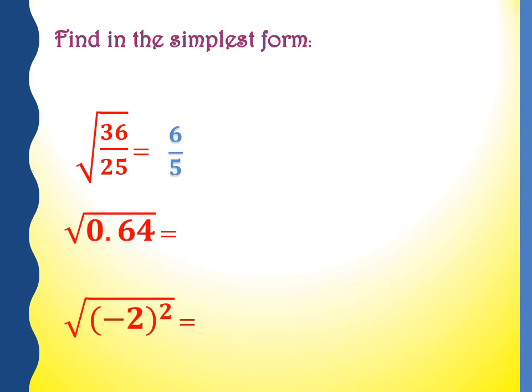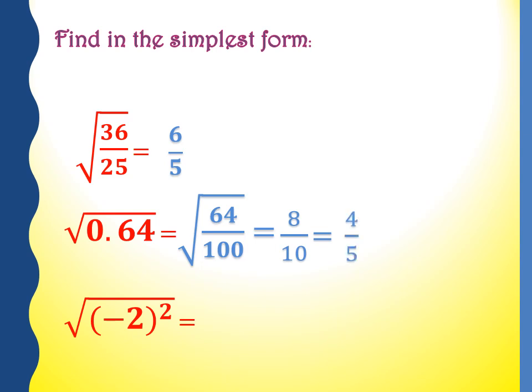Here, root 0.64, we can put it in rational number form like this, root 64 out of 100, and we can now find the root of 64 and 100, which equals 8 out of 10, and we can simplify this rational number to be 4 out of 5.